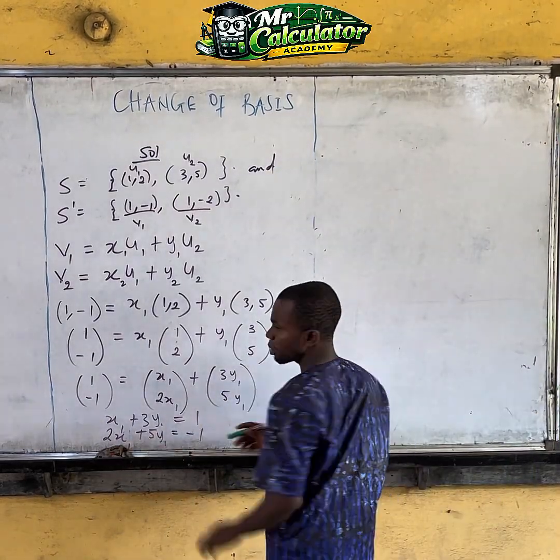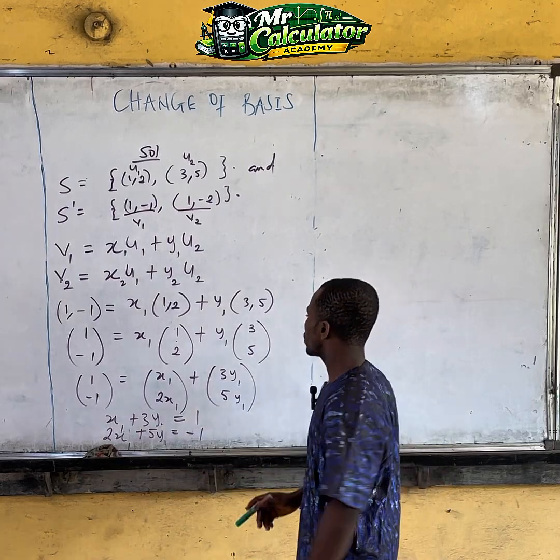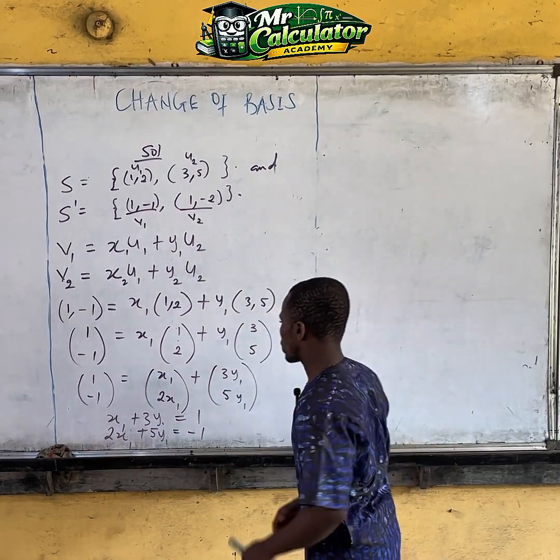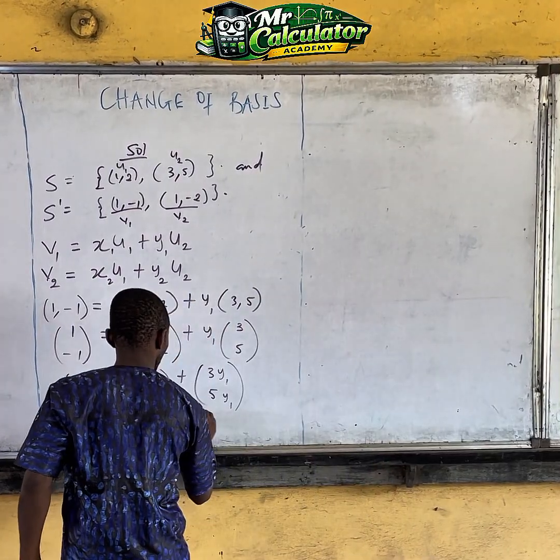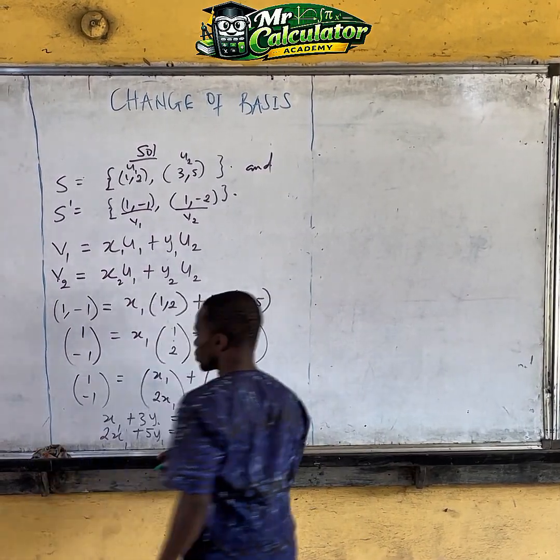Now from here we solve it simultaneously, using the elimination method. I want to eliminate X. This is equation 1 and this is equation 2.